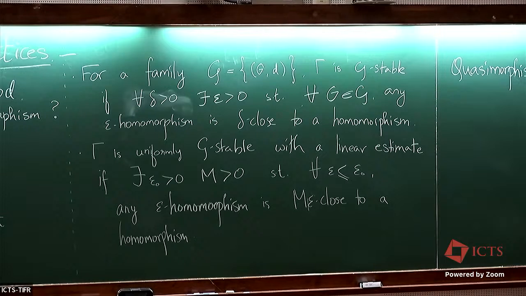You just have a map from gamma to the reals. No group, no metric, nothing. Gamma to the reals, and it's a quasimorphism if a similar condition holds: if f of xy minus f of x minus f of y is bounded.